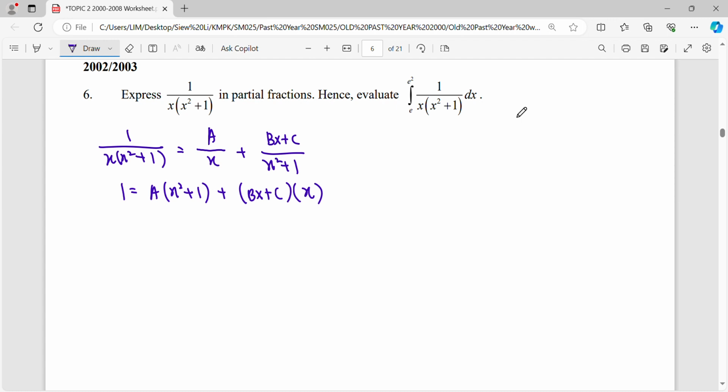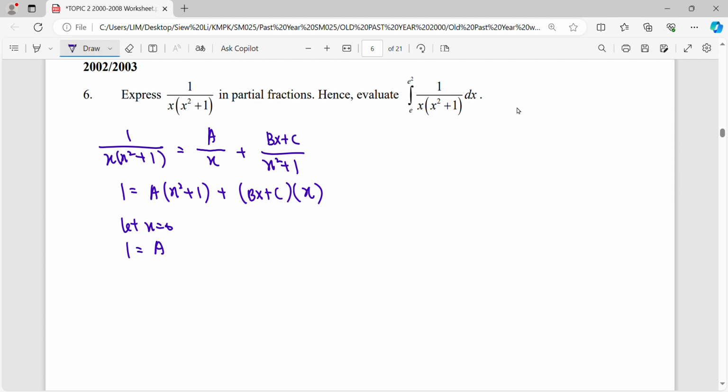So we start with let x equals to 0, then continue with the comparison method to avoid the simultaneous equations. We use one of the roots first, which is x equals to 0, to find one variable first. So when x equals to 0, it gives us A.